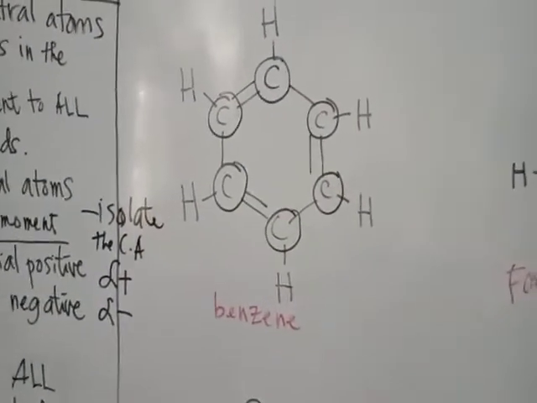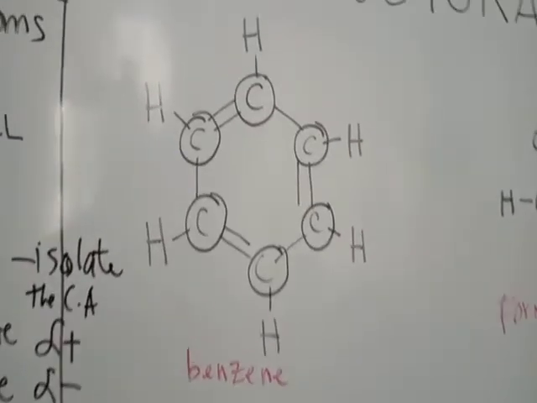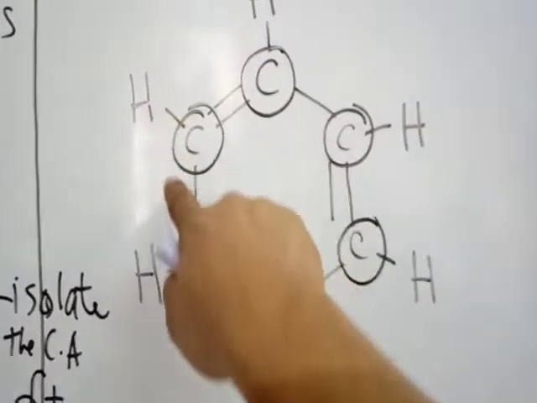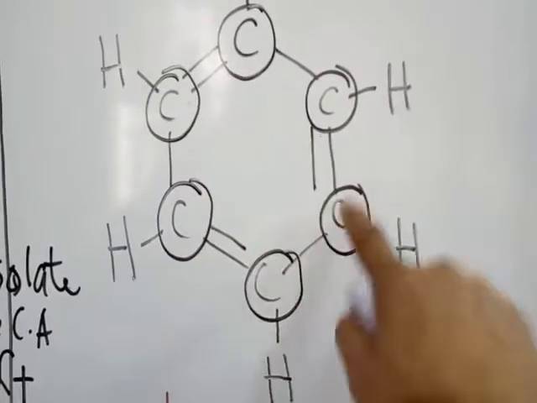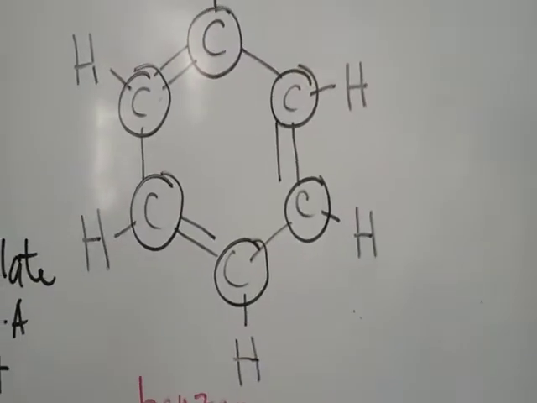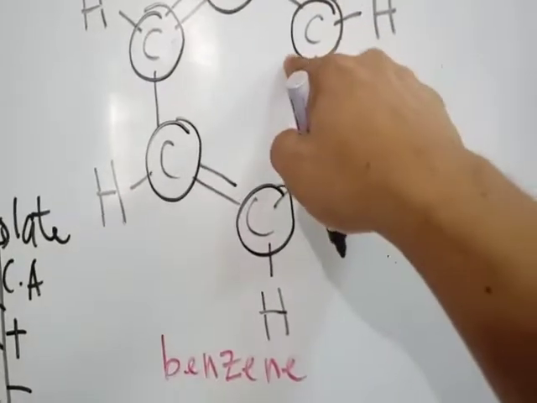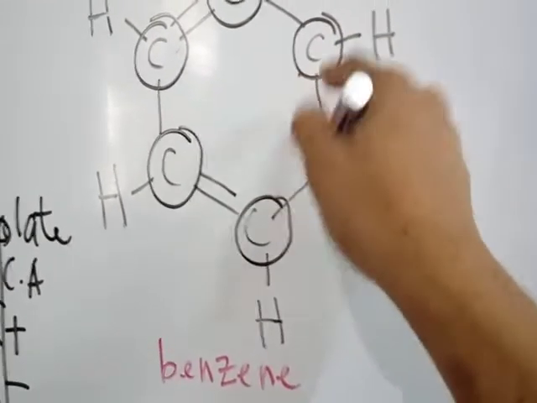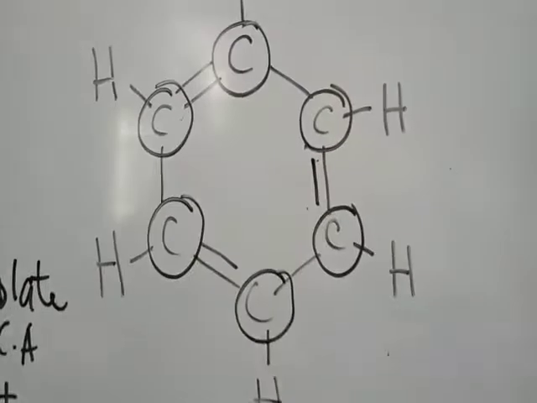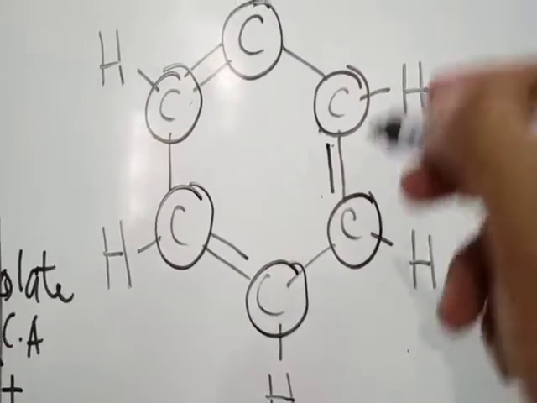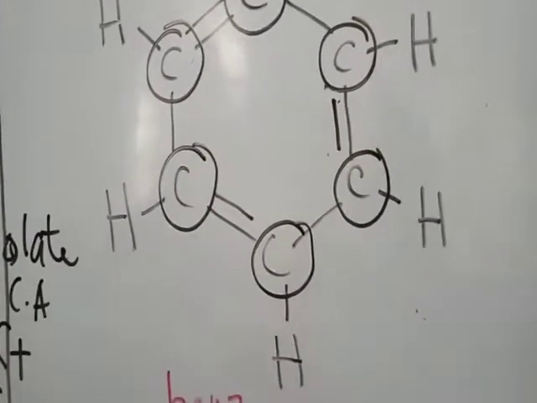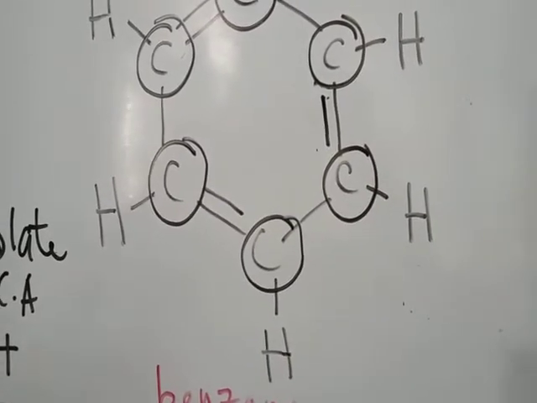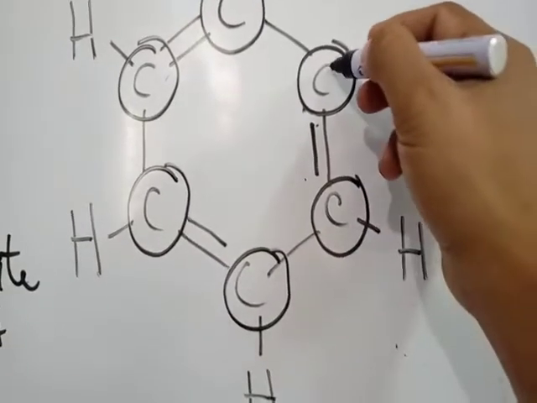Next, show all lone pairs. We know that the hydrogen doesn't have a lone pair, and all carbons don't have lone pairs here. So how would you know the number of lone pairs of a central atom? You know it by determining the valence electrons of a central atom.